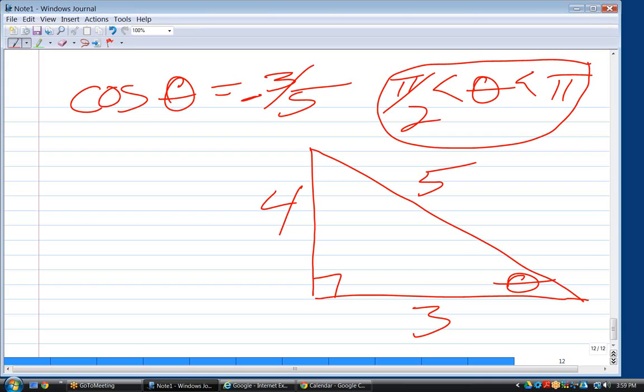But I solved this problem exactly the same way. I draw a regular triangle, label theta, dimension the whole triangle, and now if I said, what's the tangent of theta? Well, I know I'm in the second quadrant, so it has to be negative 4/3. But I don't solve the problem any differently. I just draw this triangle and label theta and start dimensioning it.